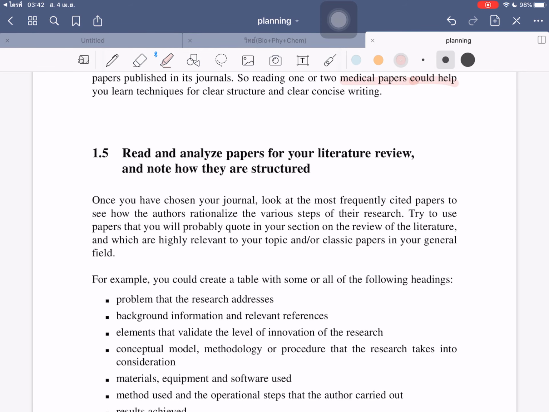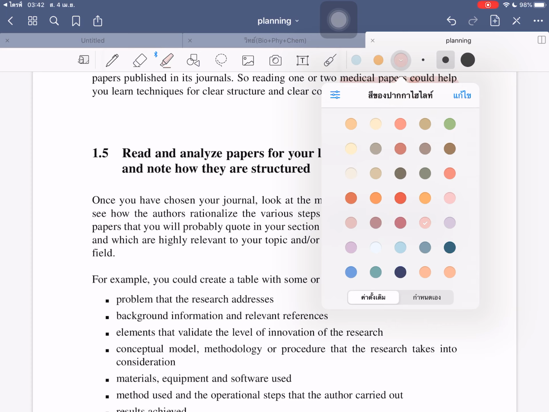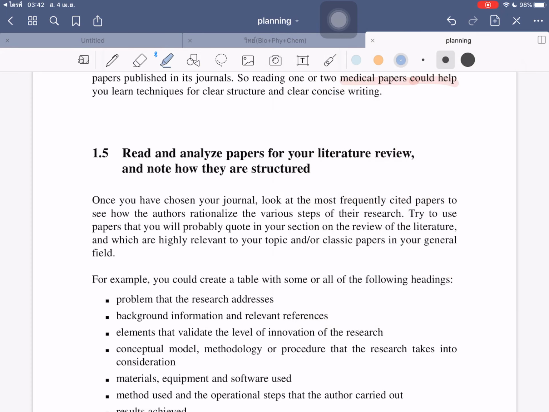Let's move on to 1.5. In this part you need to read and analyze papers from your literature review and make notes.